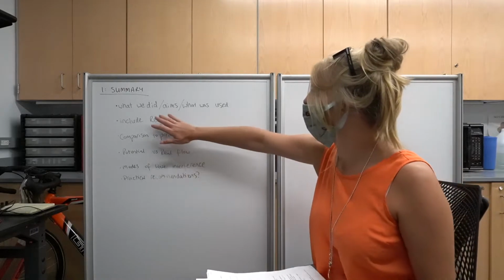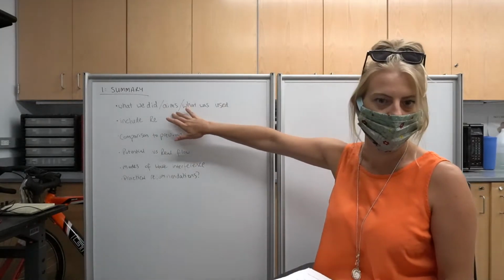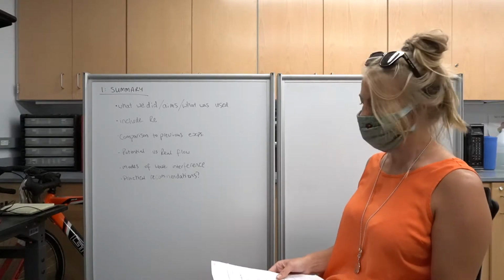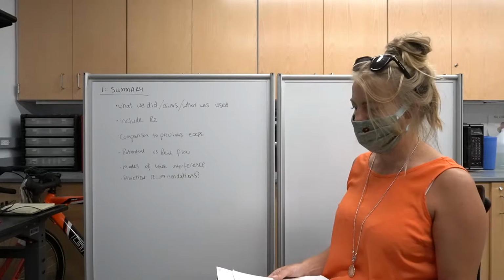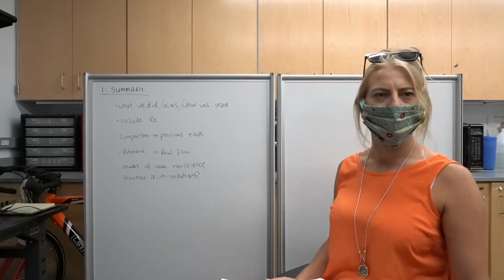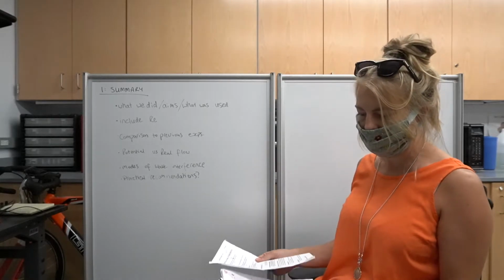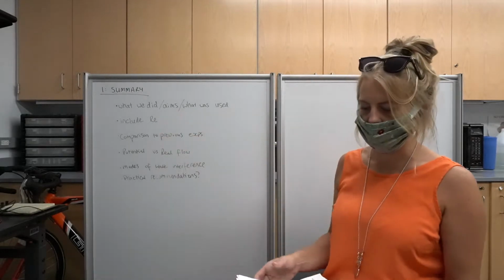You want to have what you did in the lab, so what were the aims of the lab? As the lab name suggests, we wanted to decrease the drag force on our square cylinder. You want to include what equipment was used in the lab. So our beautiful blue wind tunnel, used pressure transducer, scanny valve, etc. You want to make sure you include the Reynolds number of the experiment.